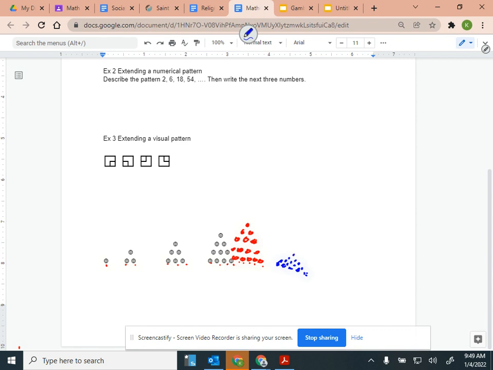So I want you to look at the one that Brielle did. How many does she have on the bottom? 1, 2, 3, 4, 5. How many do you have on the bottom? Yes. Let's erase this one. It's not so easy using a marker.